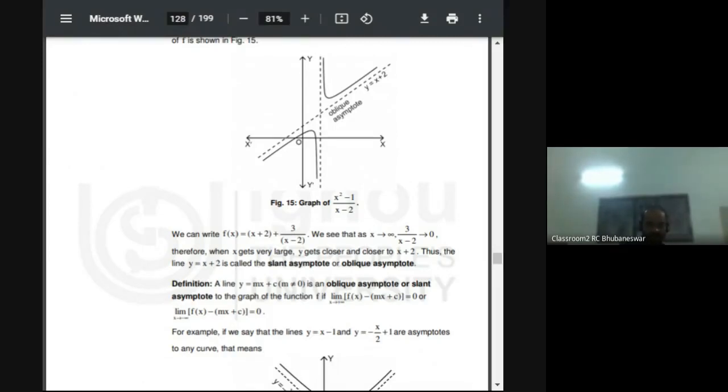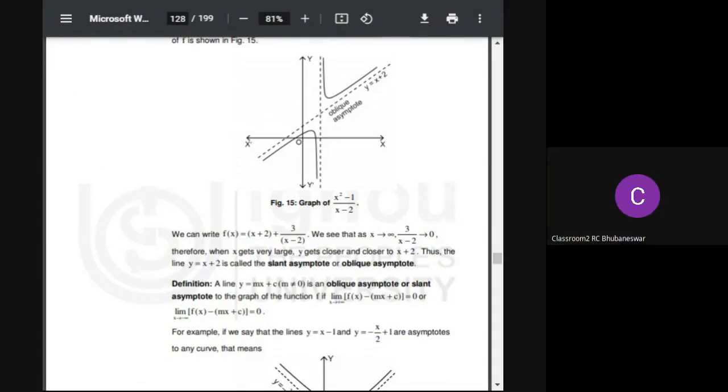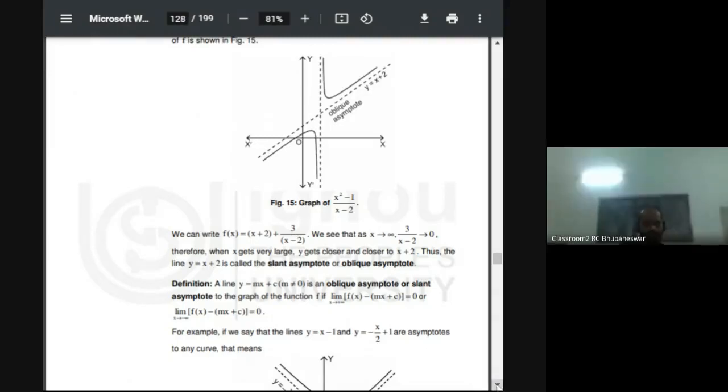The definition goes like that: a line y equal to mx plus c. So this is the equation of a straight line in slope intercept form, and this kind of line will be an oblique asymptote or slant asymptote when the graph of the function approaches infinity, and the limit of f of x minus (mx plus c) is 0.